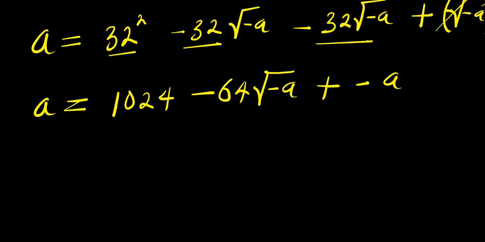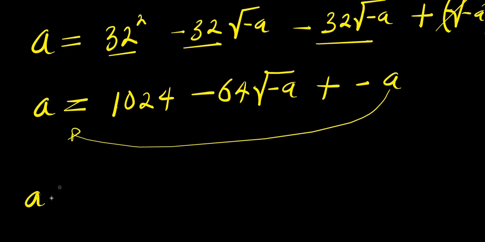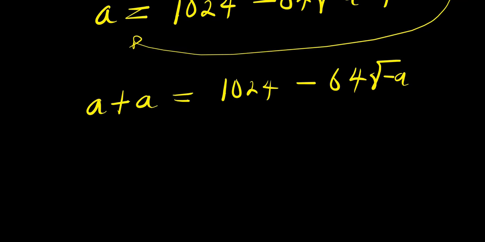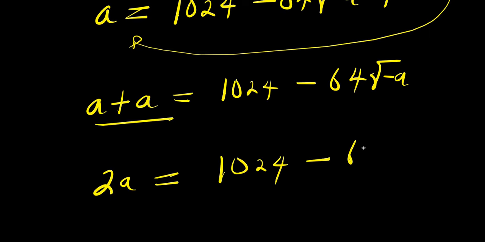So from here, I can move this over here. It becomes a plus a equals 1024 minus 64 root negative a. So from here, a plus a, this is 2a equals 1024 minus 64 root negative a.